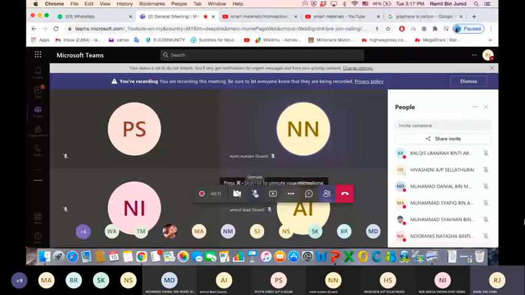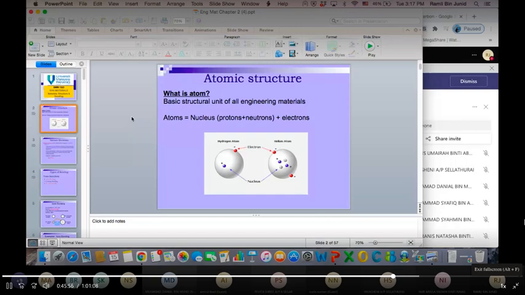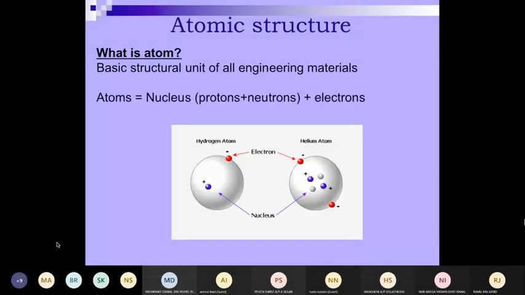Okay, we can continue with chapter 2. Chapter 2 is about material structure and bonding. So what is an atom? An atom is a structure that has a nucleus, which is proton and neutron, and also electron.